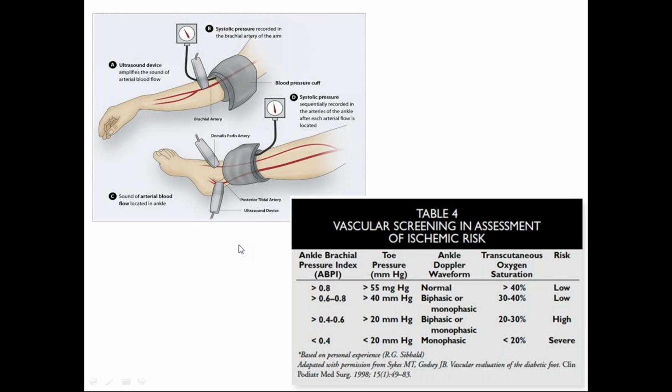This is how we measure the systolic pressure in the upper limb and lower limb, and you need something called a Doppler device. Using this Doppler device, we will find the BP. This is a handheld portable Doppler device.